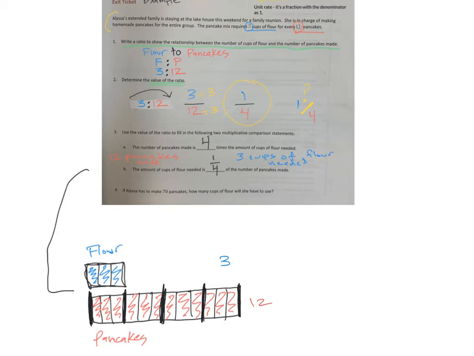And there are 4 groups of 3. You can see it, 1, 2, 3, there's 1 group. 1, 2, 3 is another group. 1, 2, 3, there's another group. 1, 2, 3. And so we have 1, 2, 3, 4 groups of 3, which is equal to 12. So we can now view each one of these boxes as being equal to 1.